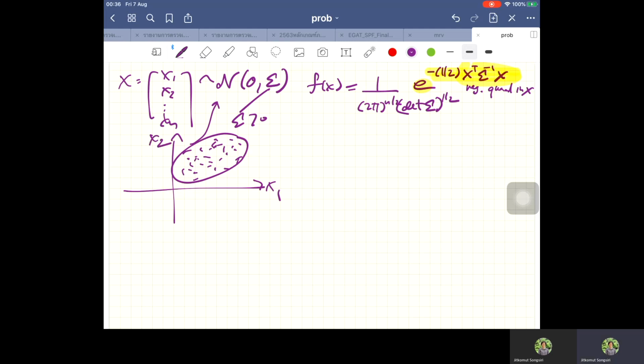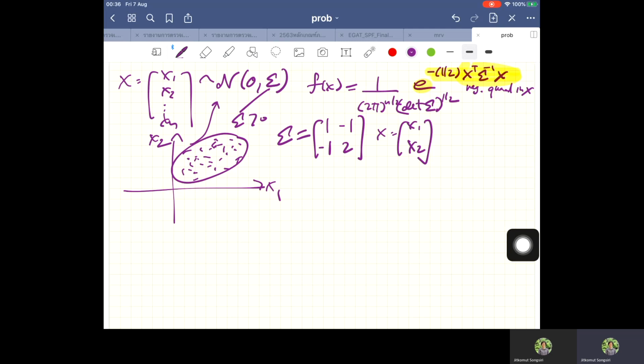For example, if my sigma is [[1, -1], [-1, 2]], I know that what I'm talking about here is a two-dimensional Gaussian vector.